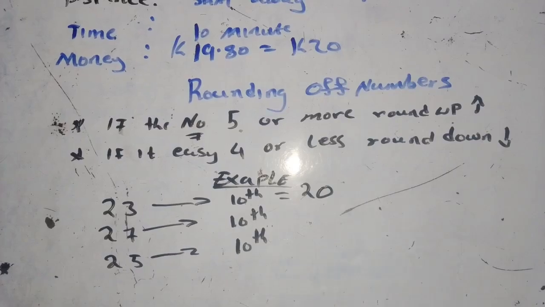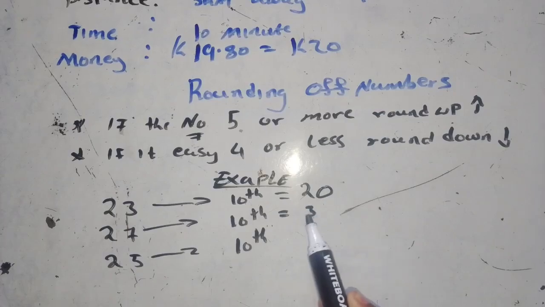We come here to 27. Is this 7 greater than 5? Yes, it is. So we are going to round up to the nearest tens, and this will give us 30.